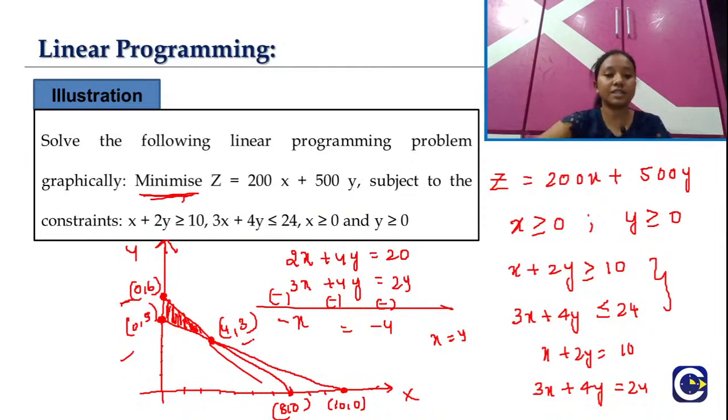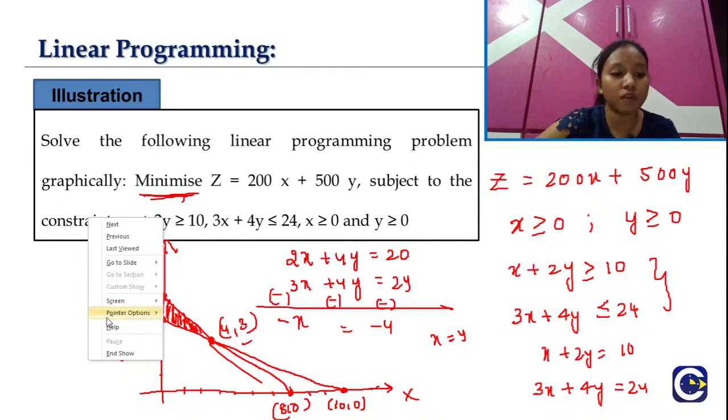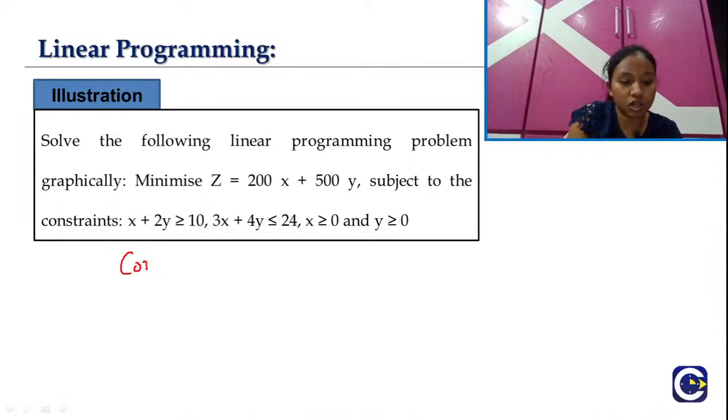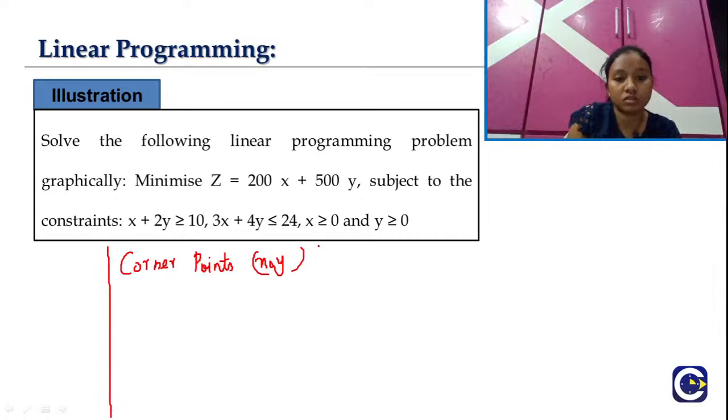So let's erase this and draw our table here. Corner points, x, y, and then our objective function.